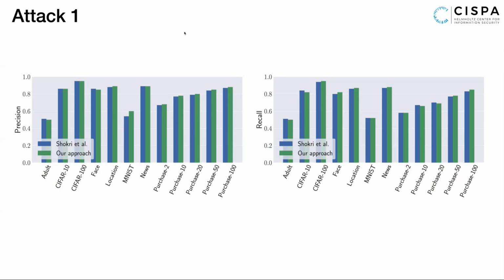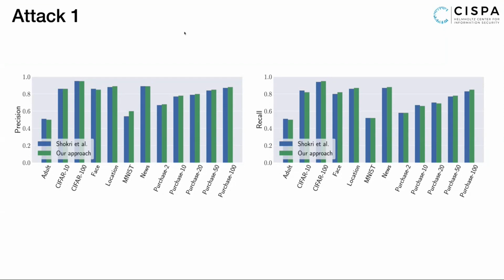So the experiment results here. Remember, membership inference is binary. The left is the attack model's precision, and the red figure represents the attack model's recall. Of course, higher is better performance. Our approach is marked as the green bar, while the original attack of Reza Shokri with multiple shadow models and multiple attack models has the blue bar.